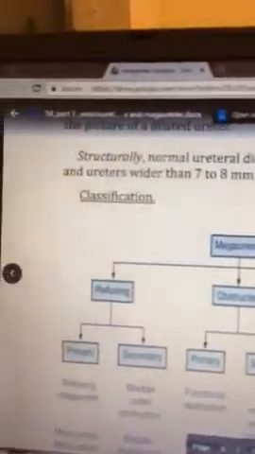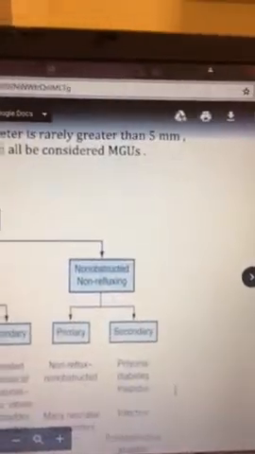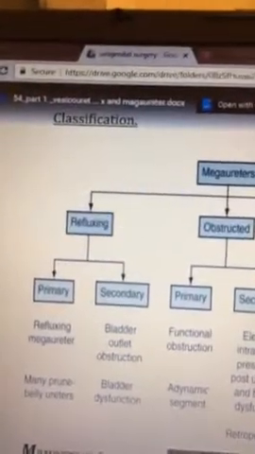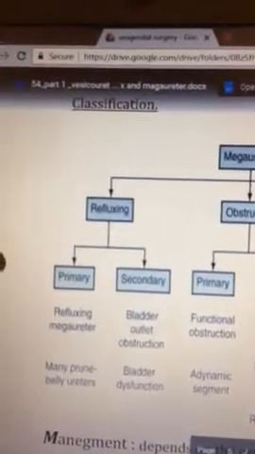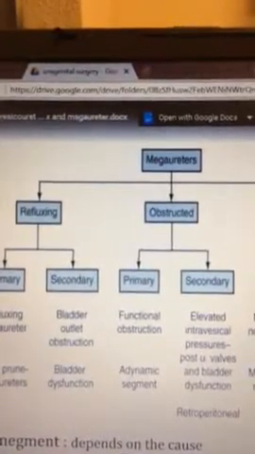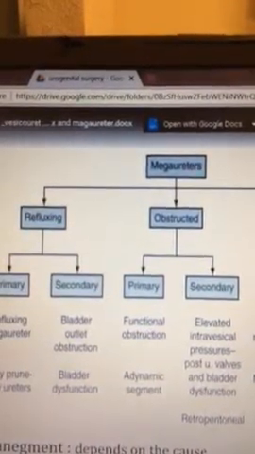Classification: we have refluxing, obstructed, and non-refluxing non-obstructed. The refluxing: primary refluxing megaureter, and secondary, from bladder outlet obstruction and bladder dysfunction.